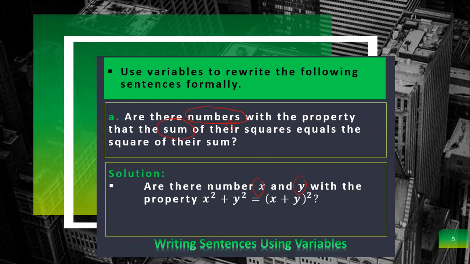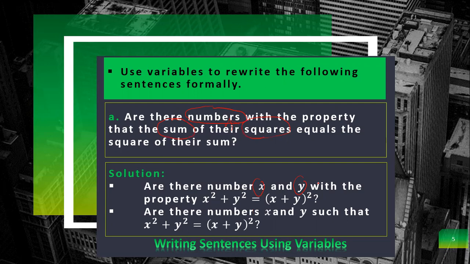So we use the symbol for sum, which is the addition symbol, and it says here the squares of the two numbers, so we have X squared and Y squared, is equal to the square of their sum. So we are going to add the two numbers X and Y, and then we are going to square that. So that's how you rewrite that sentence using variables and mathematical symbols.